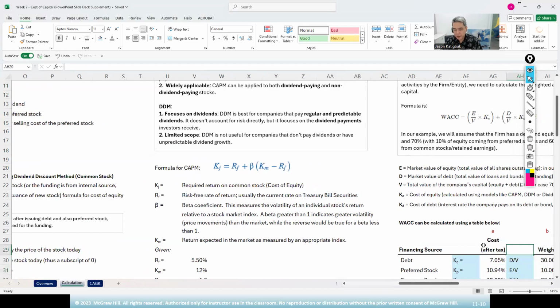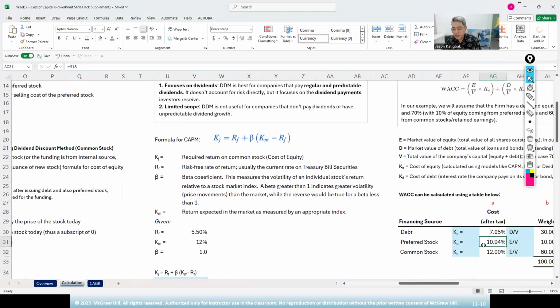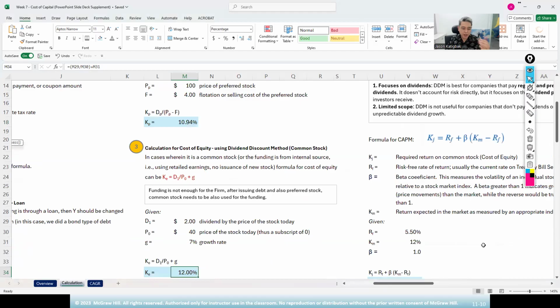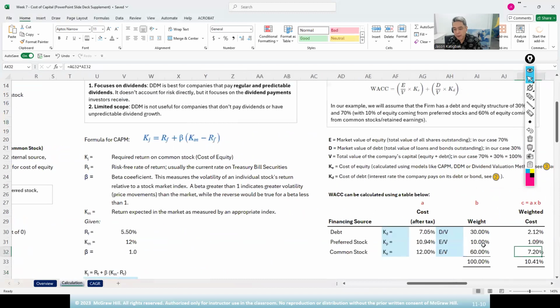So I can go back there. And that's the new issuance of the stock with flotation cost consideration. And then this is the common stock, Control bracket, the common stock that we use with a 7% growth rate. Then F5, Enter, then I go back.